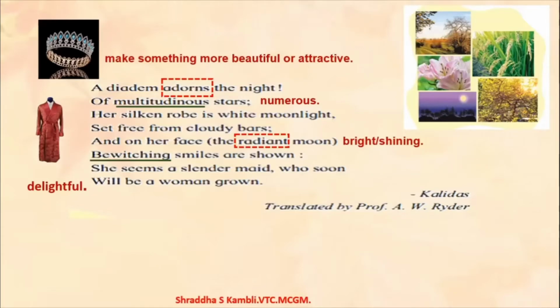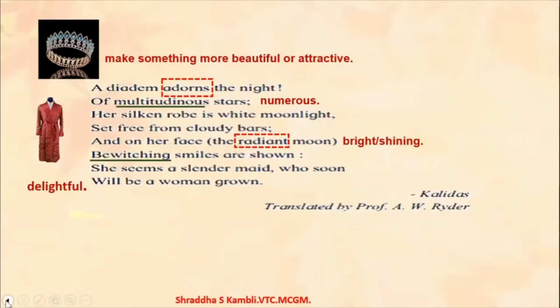Okay. Now, when I came to the second stanza, I told you that we will try and find out the difference between the first stanza and the second one. So come on, let us quickly go back to the first stanza.